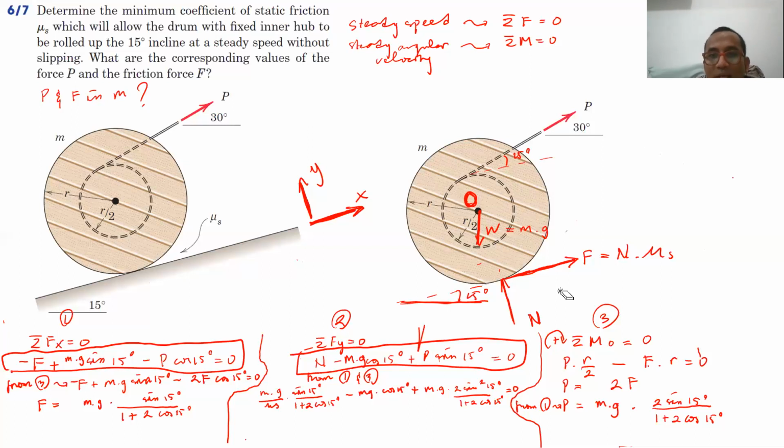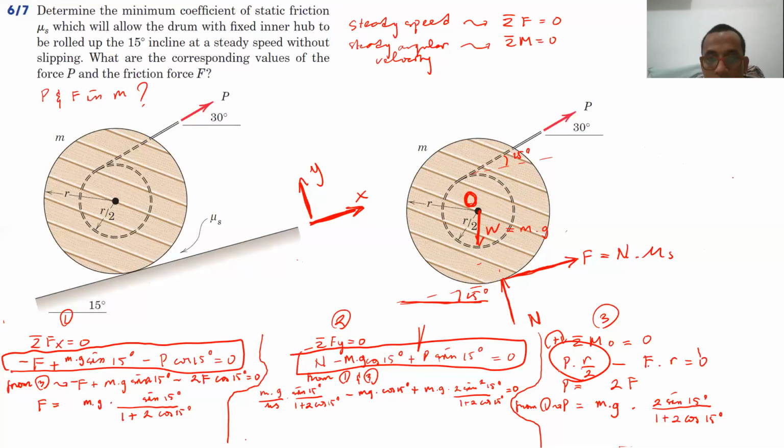So the one that will affect the moment, the first one is P. So P cos 15 degrees multiplied by the radius here. This is the radius, R per 2 will be the radius. Clockwise is positive, this one.